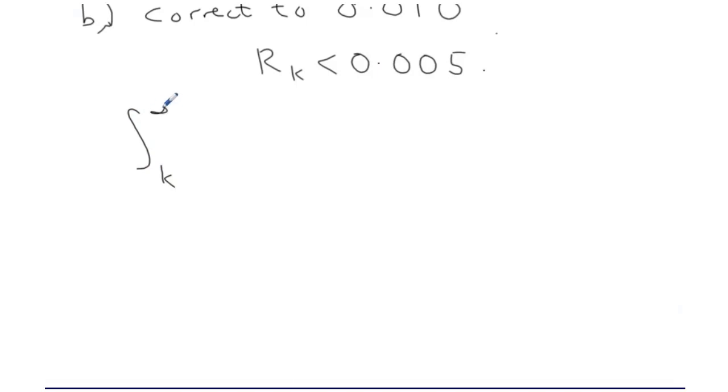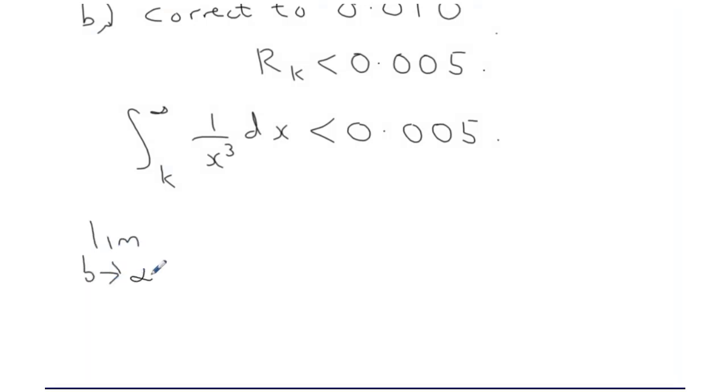Now remember, the series we're talking about is 1 over n cubed. So the integral is going to be 1 over x cubed dx. So that is a value that we know the error is less than. So this needs to be less than 0.005.